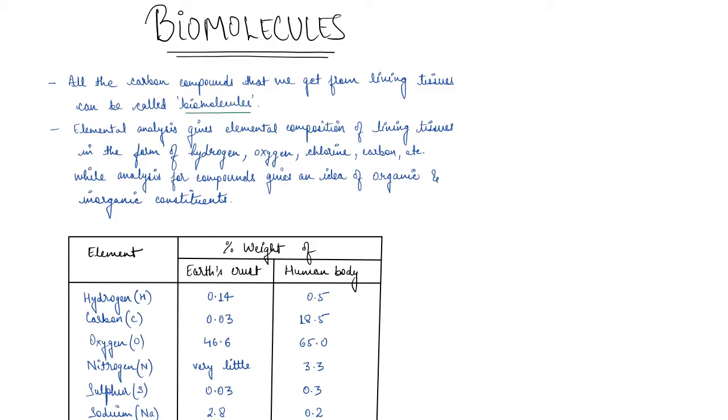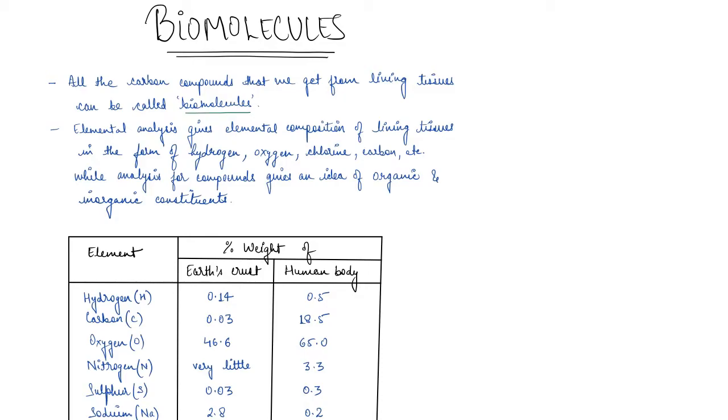So basically, guys, we know that there is a wide diversity of living organisms in our biosphere on Earth, right? And we also now understand that all of these living organisms are made up of some chemicals. There are certain chemicals out of which we all are made up of. These can be elements, these can be compounds.